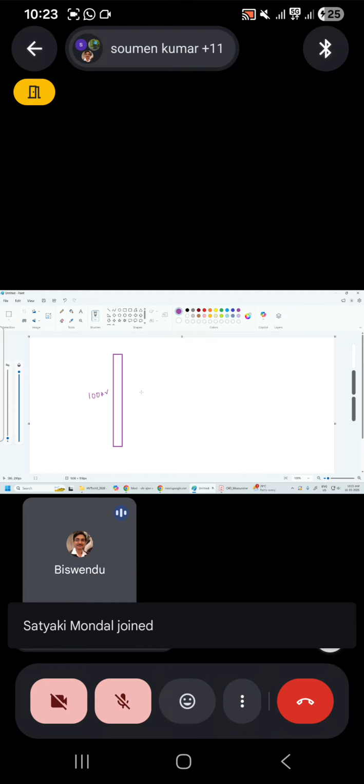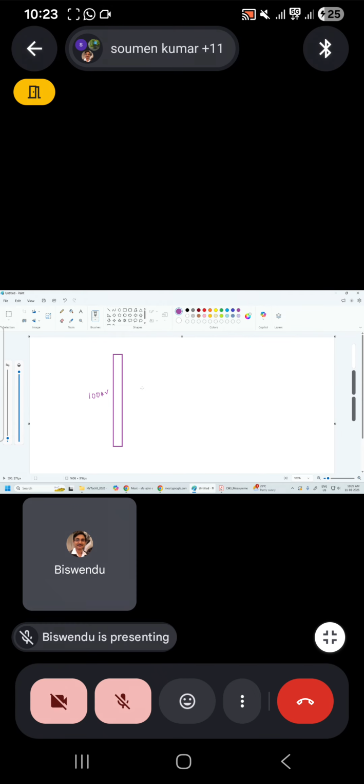Now, without contacting it, I bring another plate. Suppose this is DC, 100 kilovolt, it is charged. So by induction, the other plate will have a minus charge.